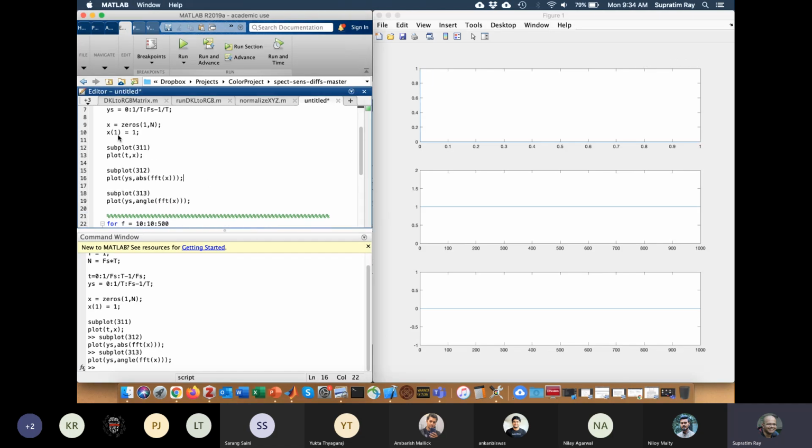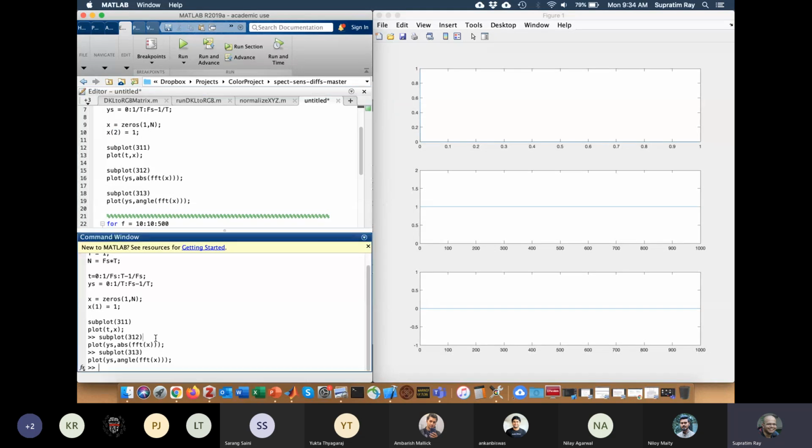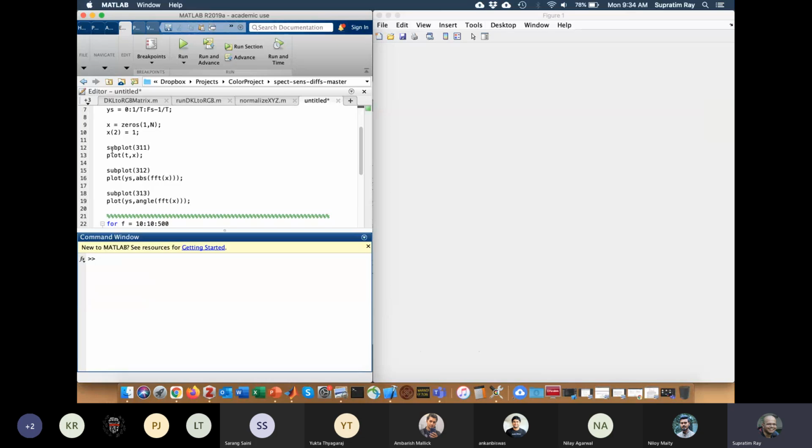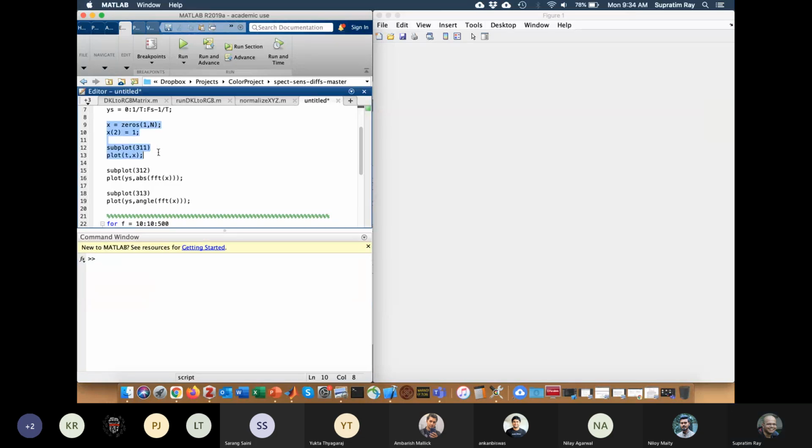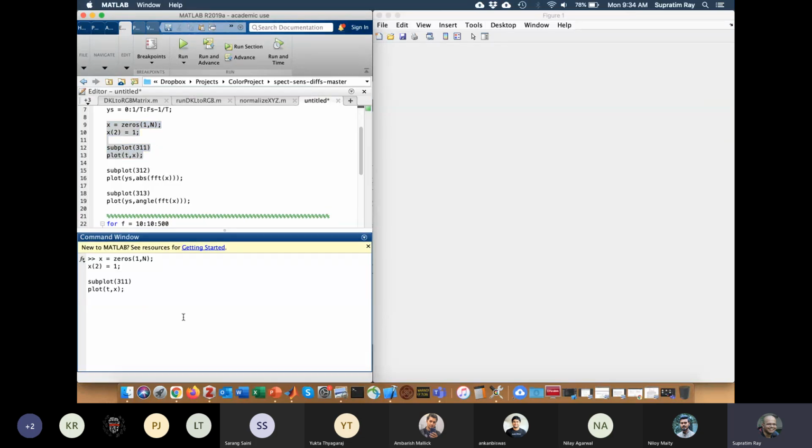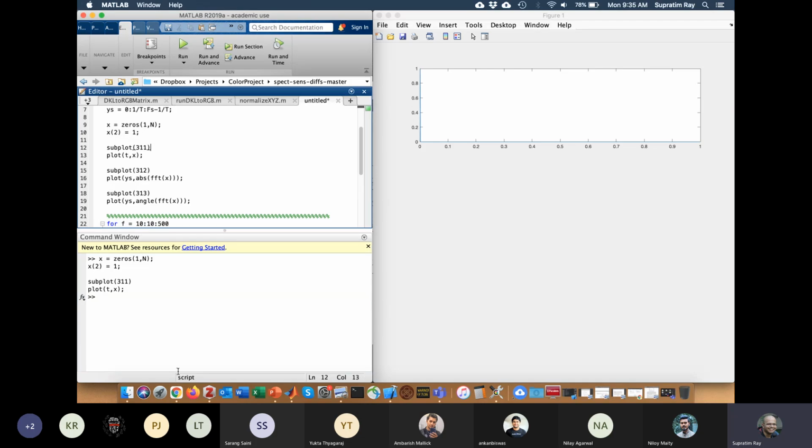Now I'll change this signal and say that x is all zeros, but the second element is 1. So it's shifted now so that the second element is 1.